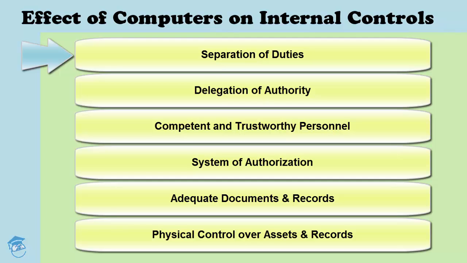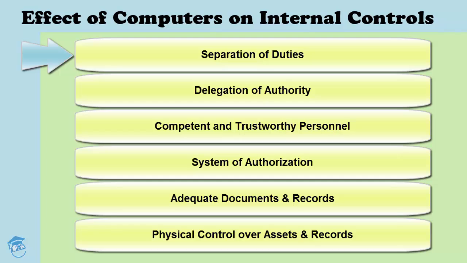Simultaneously, I also prepared a check payable to Ram. I owe 1,000 rupees to Ram, so I'm going to pay Ram a 1,000 rupees check on a simultaneous basis. This basically ensures that separation of duties doesn't happen at all. Such an operation through a program will be considered as incompatible functions in a manual system.